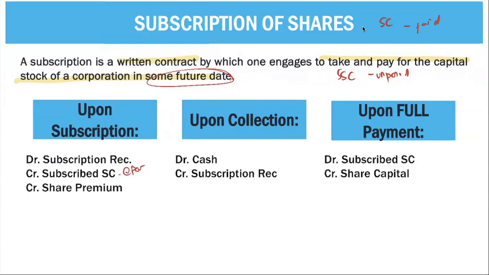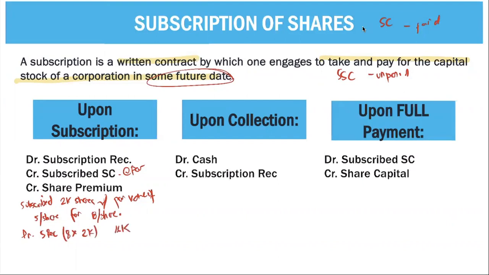So, for example, subscribe 2,000 shares with par value of 5 per share for 8 pesos per share. So we debit subscription receivable for the amount of our consideration, that is 8 pesos per share multiplied by the number of shares, 16,000.